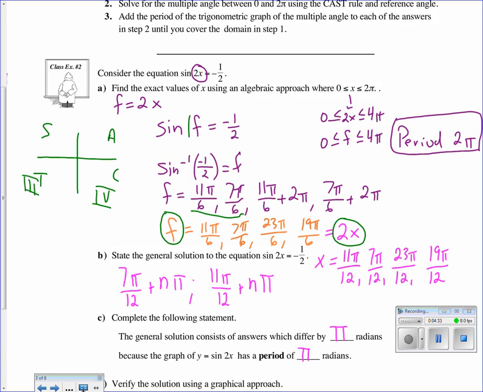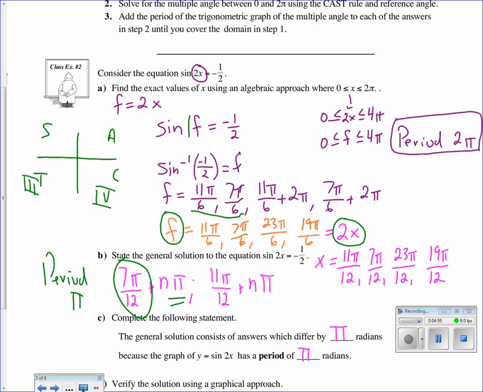And I should find a relationship for the general solution. The general solution should be the smallest value and then adding a multiple of the period. Now I get to consider, by the time I'm looking at my actual answer, that my period is pi.